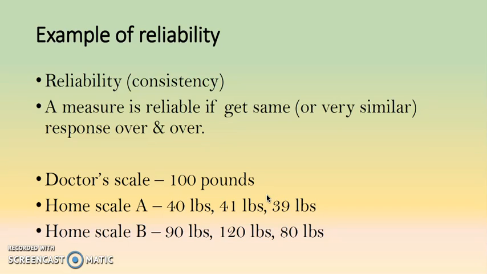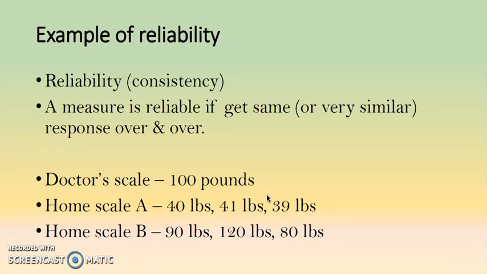Okay. So let's say that somebody's weighing themselves. And let's say the scale at the doctor's office represents the truth. And at home, they have two scales. Scale A, they weigh themselves three times in a row. Their weight hasn't changed. Home scale A gives them 40 pounds, 41 pounds, and 39 pounds.